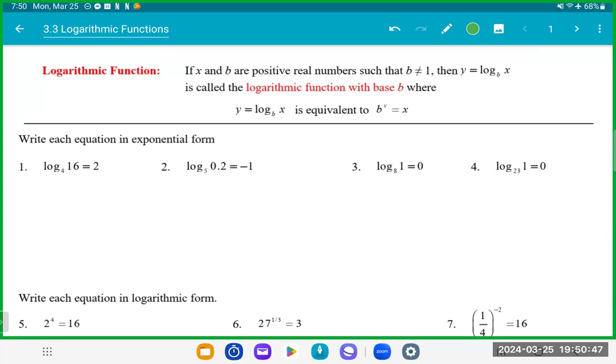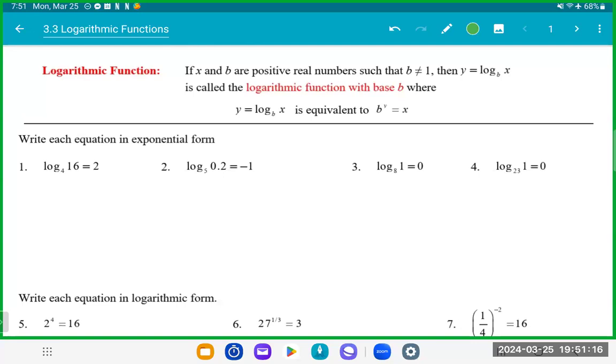Now you've probably seen before y equals log, with a subscript b, which is the base. If there's no value there, it's just assumed to be 10, our standard base 10. That is equivalent to saying b raised to the y equals x.